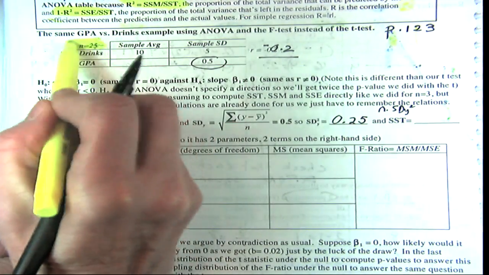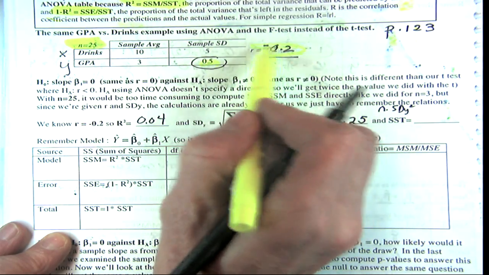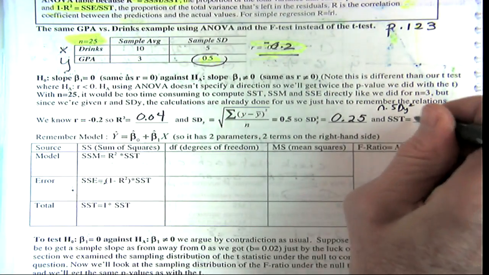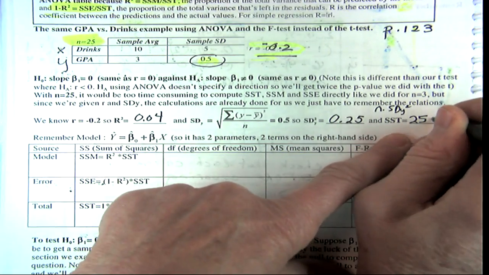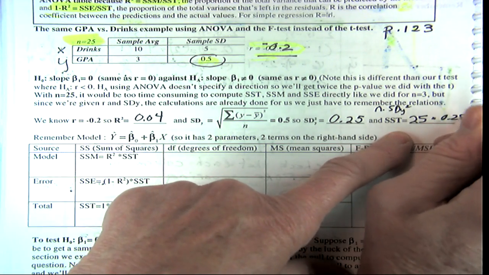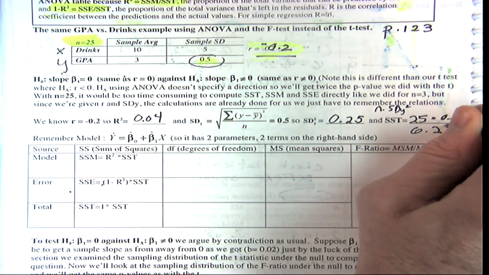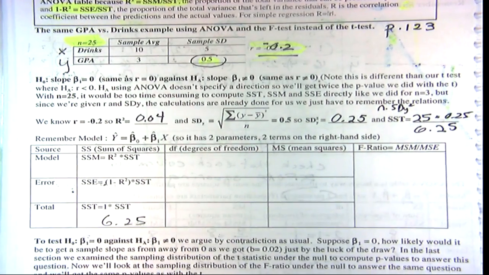All we're using is this and this right now. So we'll get 25 times that, and that's 6.25, which is our sum of squares total. So we can put that right there.